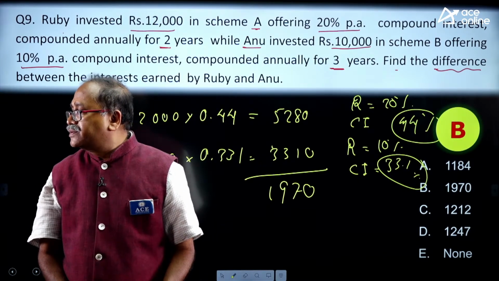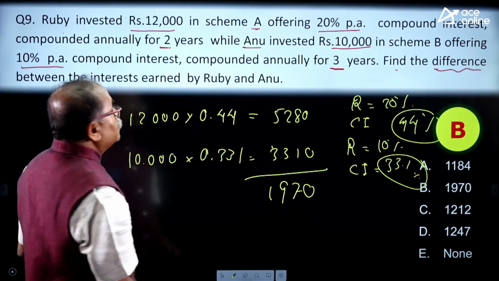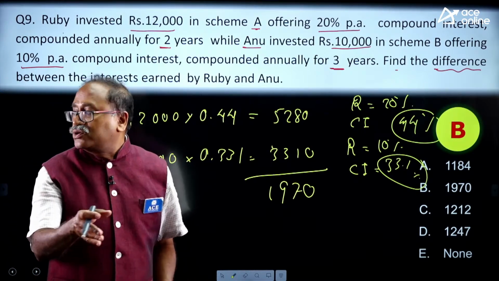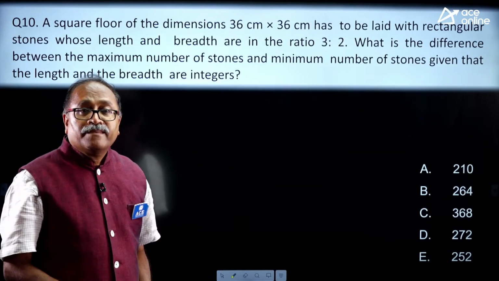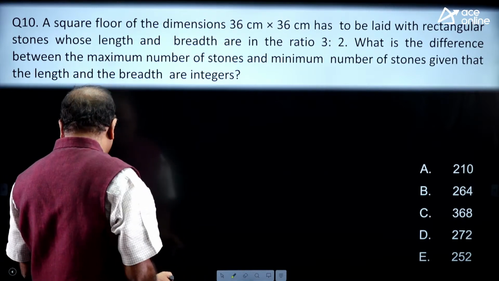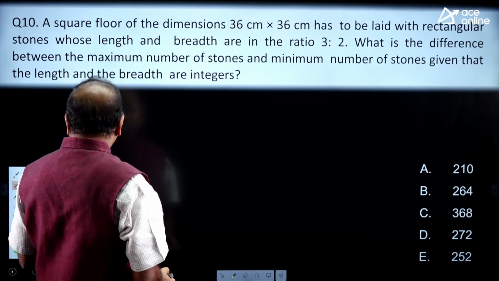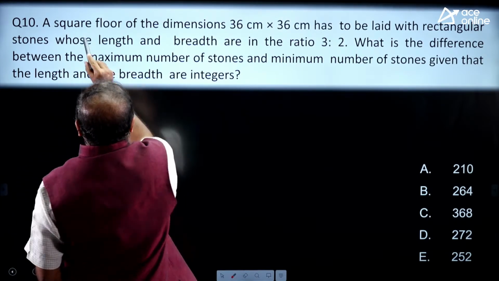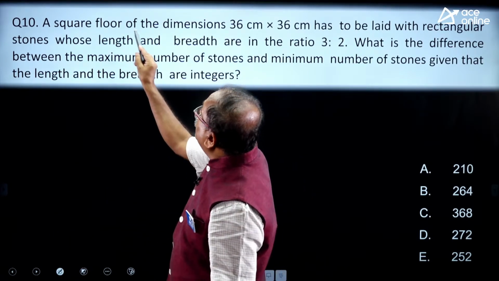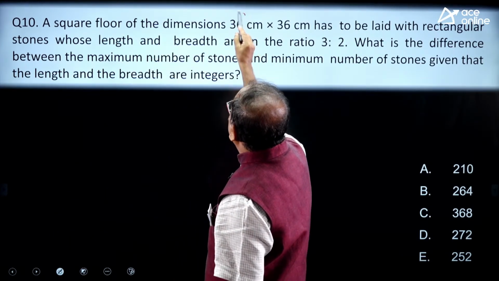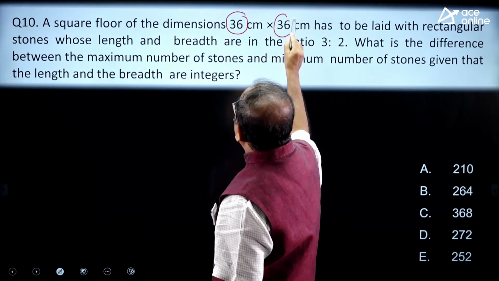Well done, my friends. And here is the 9th question. So I am moving on to the last question of the class. Let's see what this question is. A square floor, it's a mensuration question. A square floor of dimension 36 into 36.